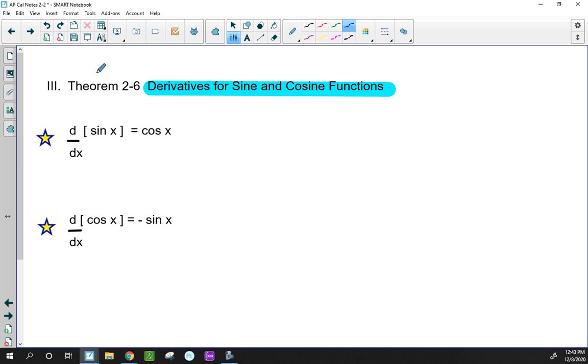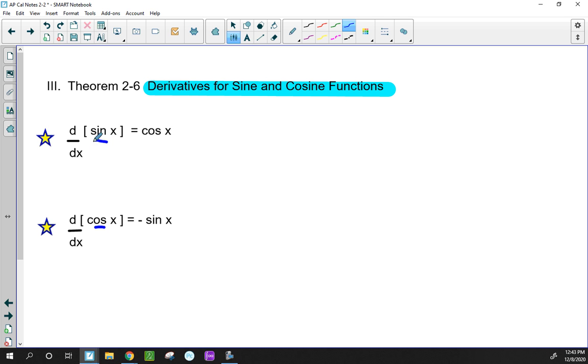Okay, in your textbook, Theorem 2.6 is on derivatives for sine and cosine. These are very basic ones, but you do have to start memorizing these, because later on we'll learn the rest of the trig functions, like tangent, cosecant, secant, cotangent, all that good stuff. But for now, only 2 show up in this section, the sine and the cosine.